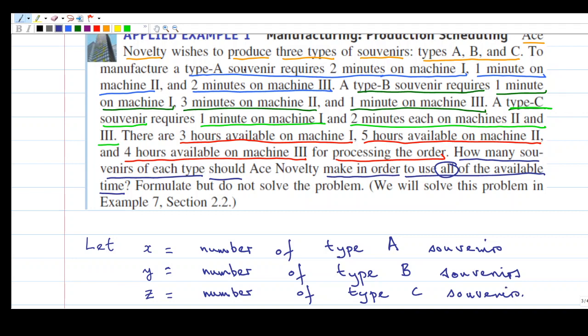Okay, that comes from the part underlined in orange.